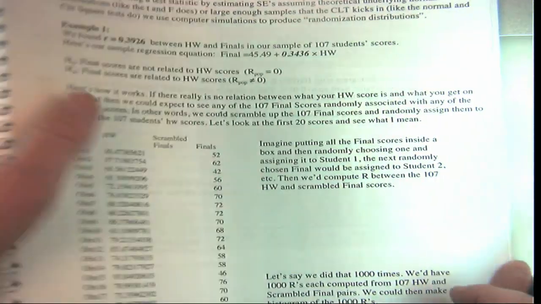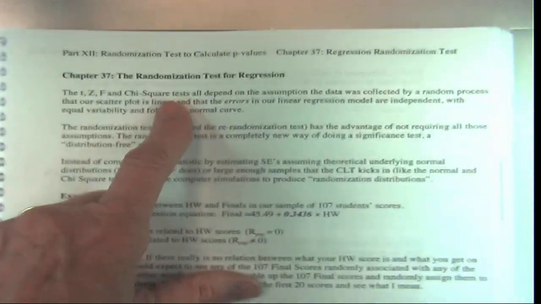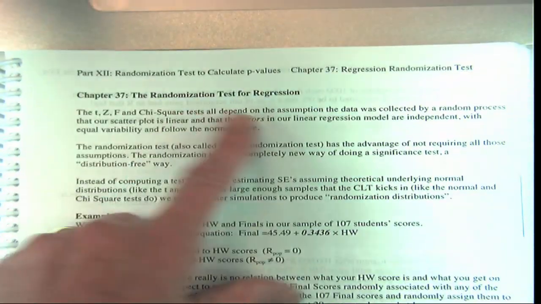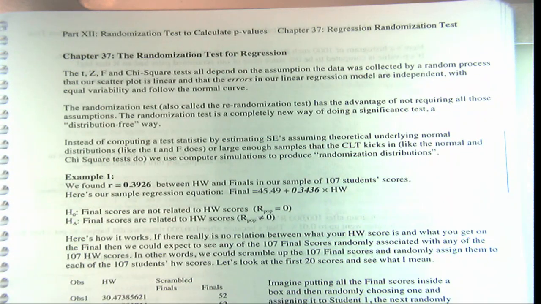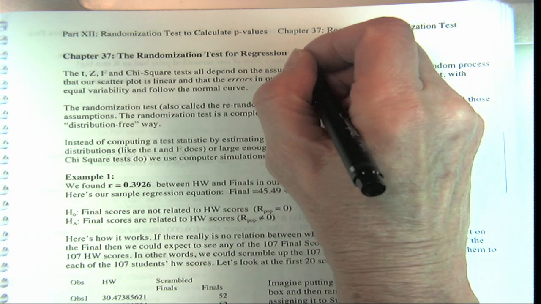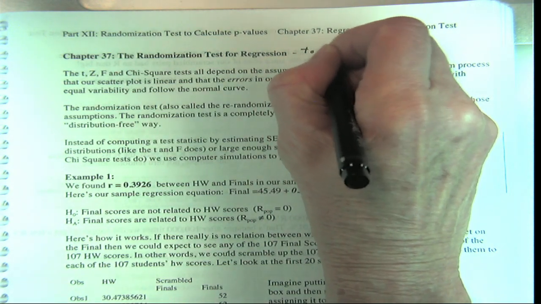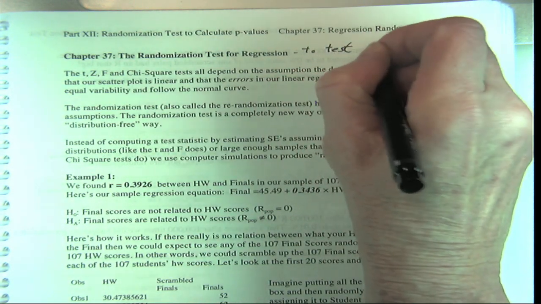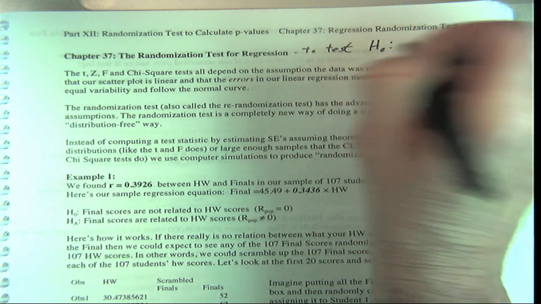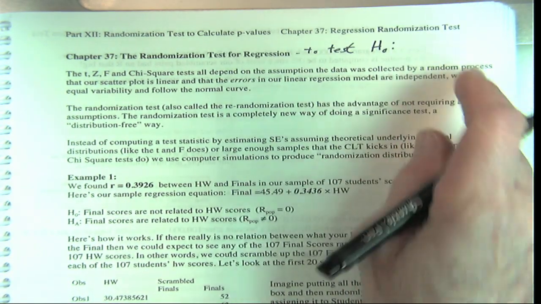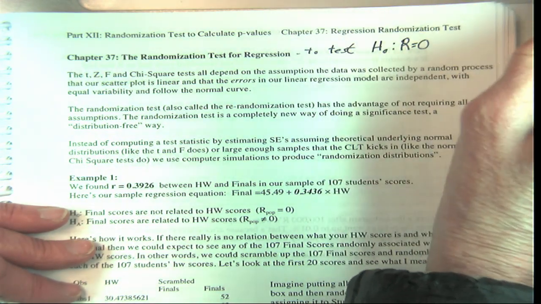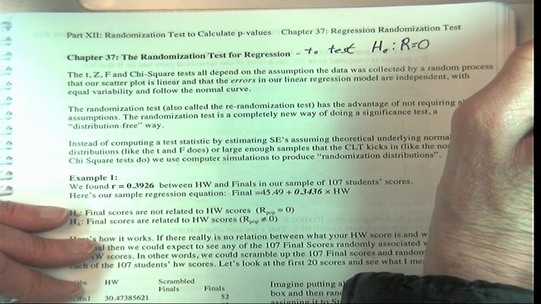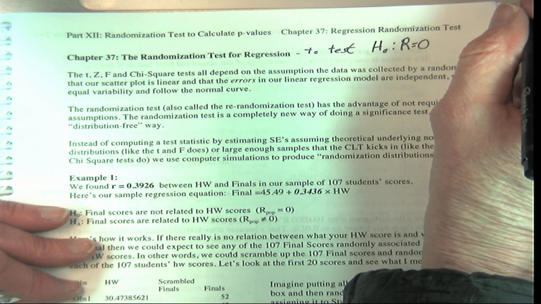So what is that? So, the re-randomization test for regression is another way to test the null hypothesis for regression, in this case, that r is equal to 0, which is the same as the slope is equal to 0. Those two are equivalent.